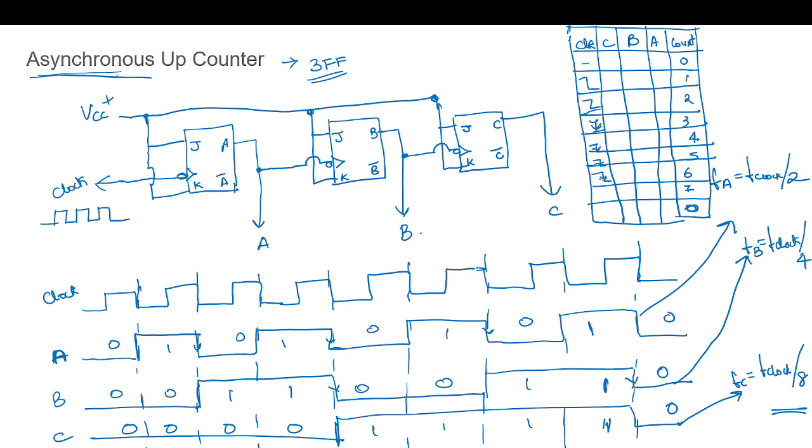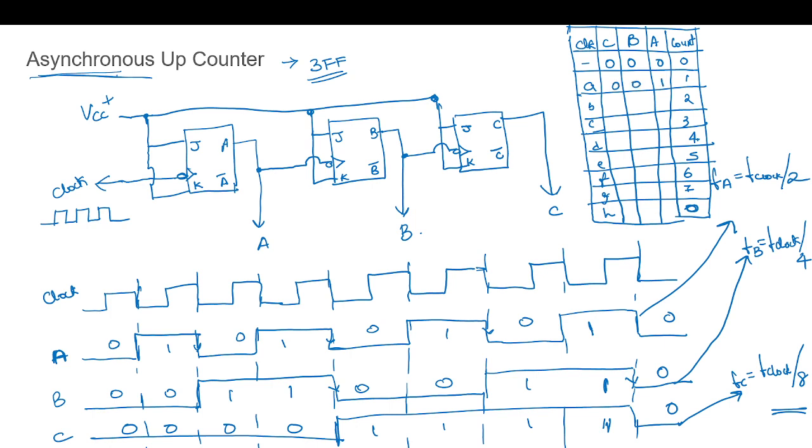After every clock pulse, let's denote the outputs C, B, A. Initially it is 0 0 0. Then A is 1.